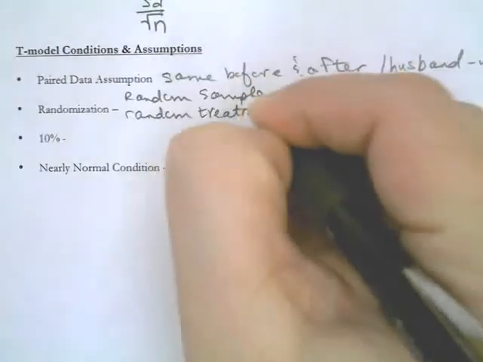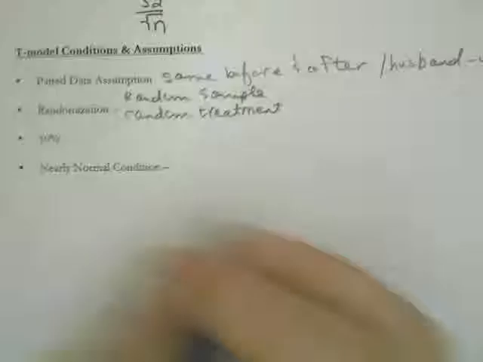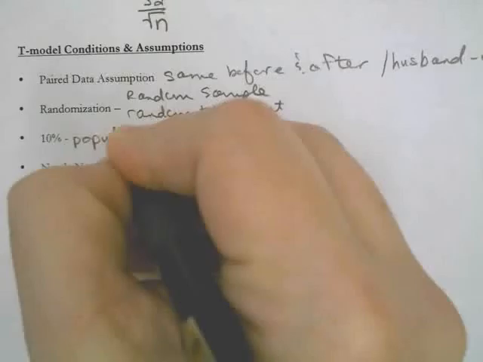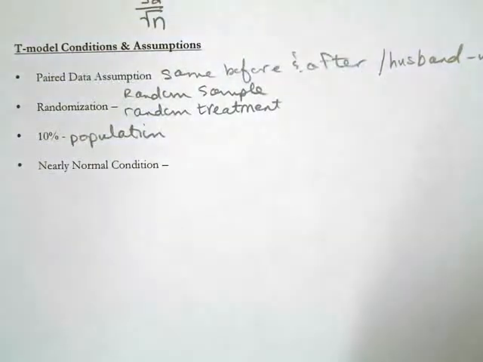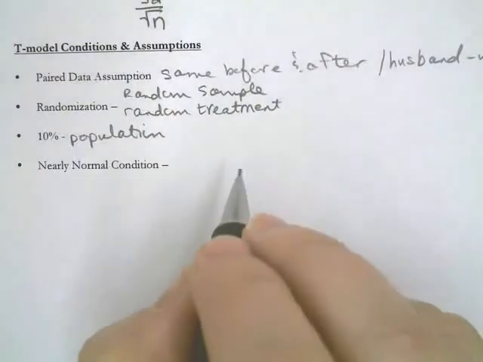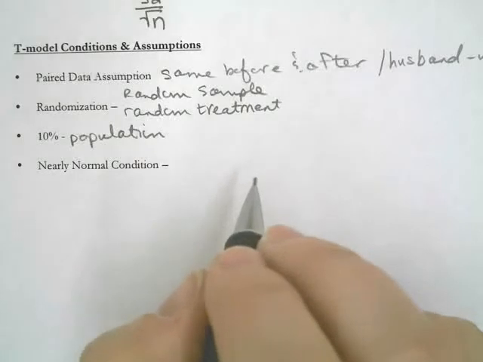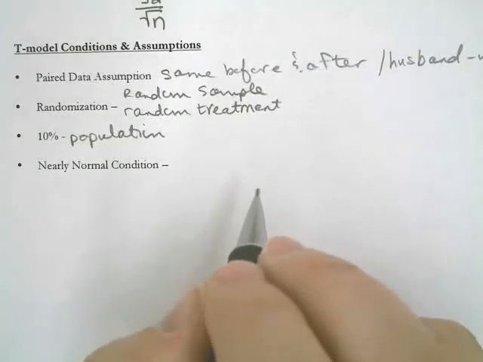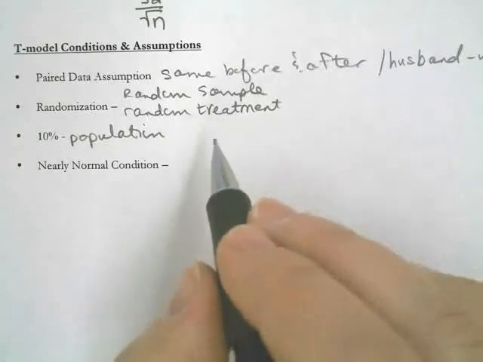There's a lot of different places it can be random, okay? 10% of the population, that's the same rule, but sometimes you're going to have problems that you're not sure about, so you just have to look at it. One other thing is that between random and the 10% of the population, you can also say that you think the sample you have is representative of the population, and if you say something like that, that also helps clear those up, check those off.